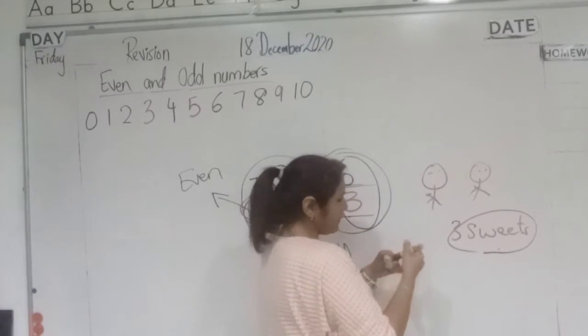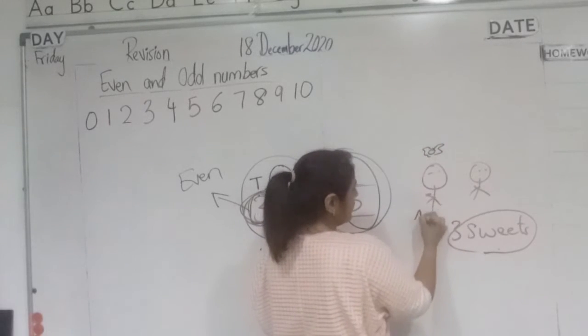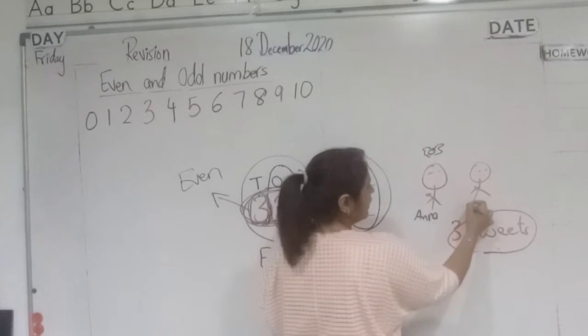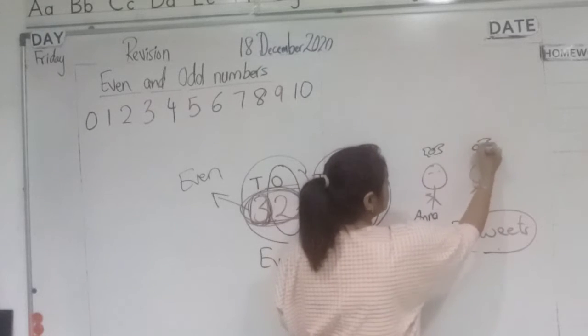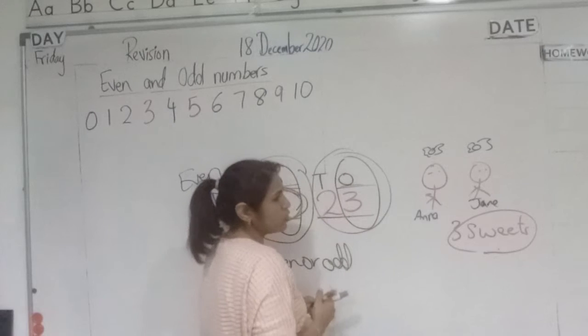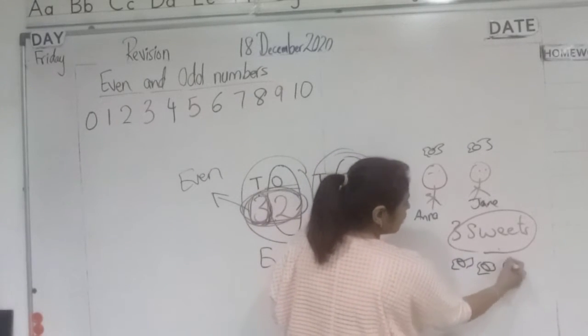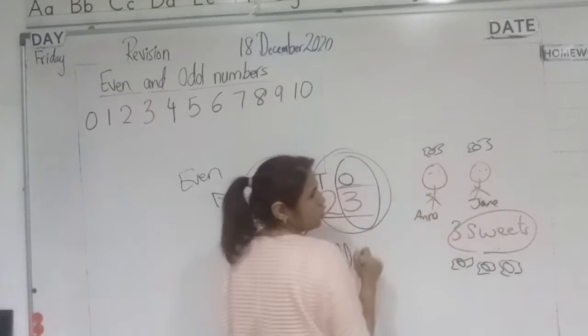Say for example, now I'm going to draw here 1 sweet Anna gets, and 1 sweet Jane gets. So out of 3 sweets, we have given out 1 sweet to each of them.